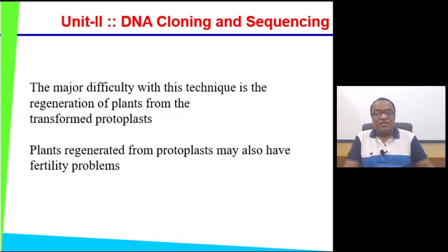Is that clear? And there is an alternative to electroporation. We have PEG, that is polyethylene glycol. So polyethylene glycol associated with calcium and magnesium at an alkaline pH can be used to promote the binding of the gene of interest, or the exogenous DNA, into the protoplast.